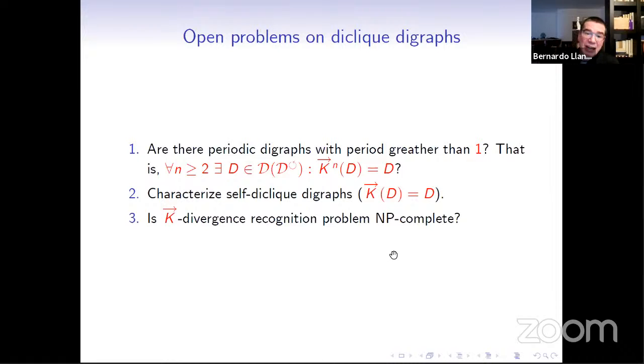Again, you can ask for the NP-complete recognition problem. I'm pretty sure that this is an NP-complete problem, as with clique divergence, but it will be very hard.